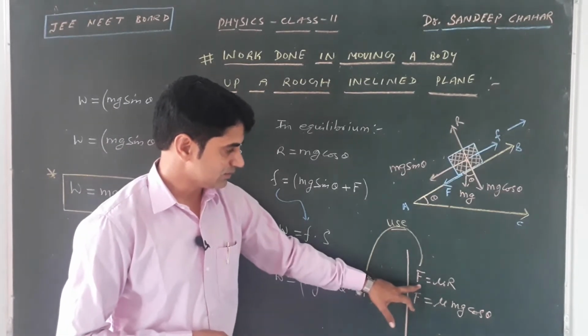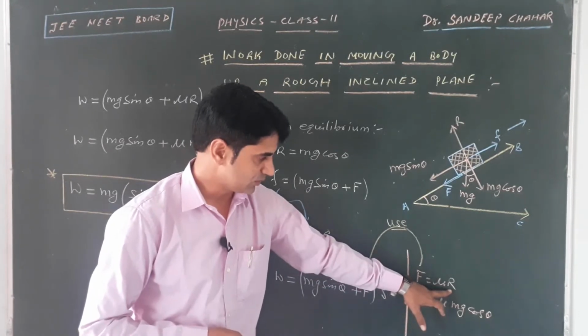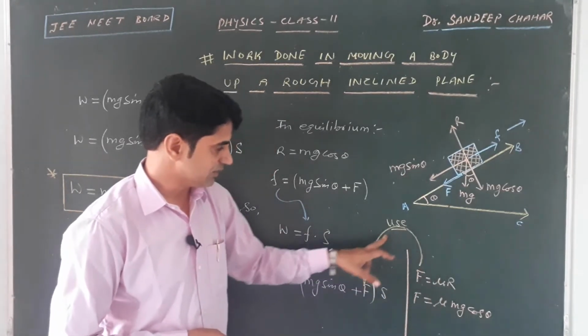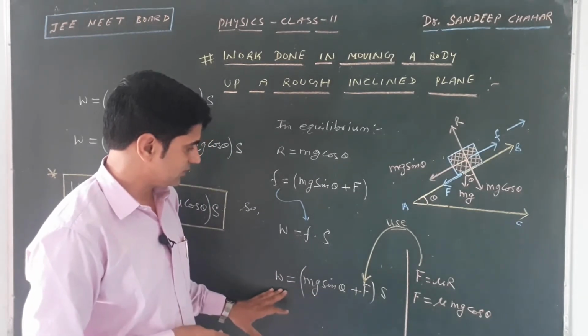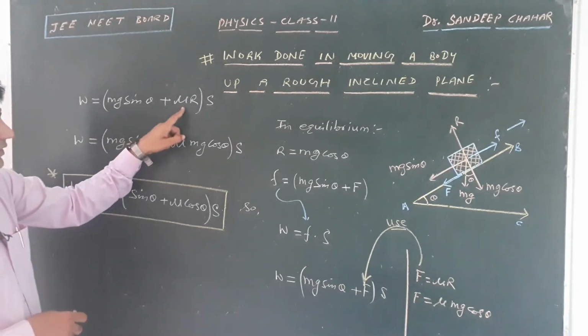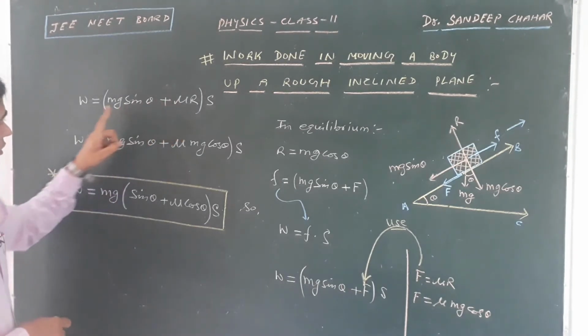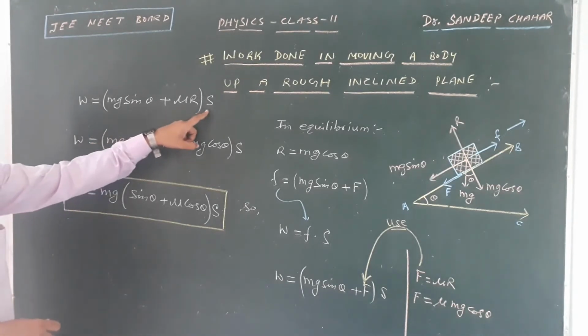We also know that the force of friction equals the coefficient of friction times the normal reaction R. Using this, the work done equals mg sin theta plus mu R, into the distance moved by the block on the inclined plane.